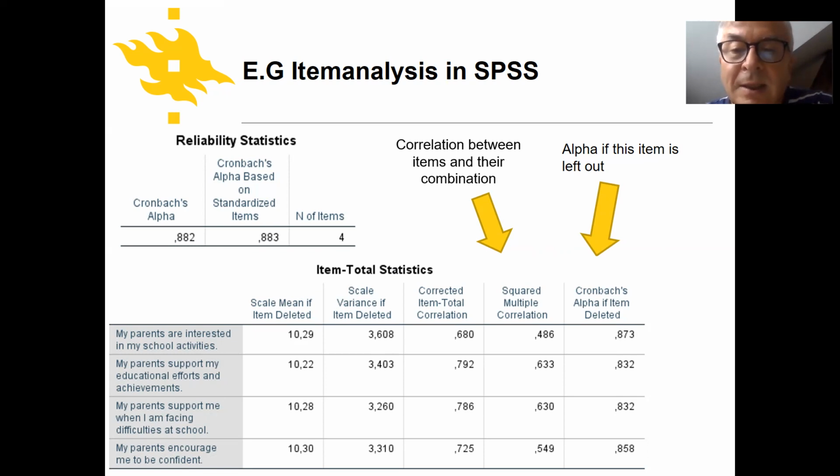And you can also see it by looking at the correlations here. The correlations are, well, this would be the weakest of them, but it's still a fairly high correlation. So no reason to drop any items out according to this analysis.